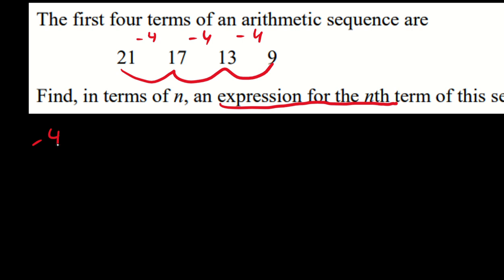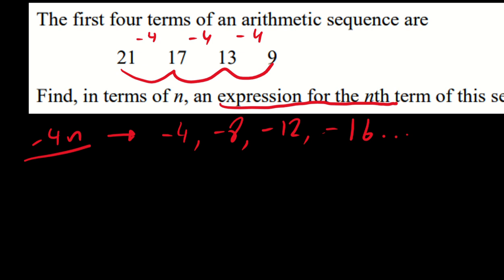So negative 4n. Then you write the formula of that negative 4n, and you will get negative 4 multiplied by 1 is negative 4. Negative 4 multiplied by 2 is negative 8. Negative 12. Negative 16, and so forth. Then you look, how would you get from negative 4 to 21?